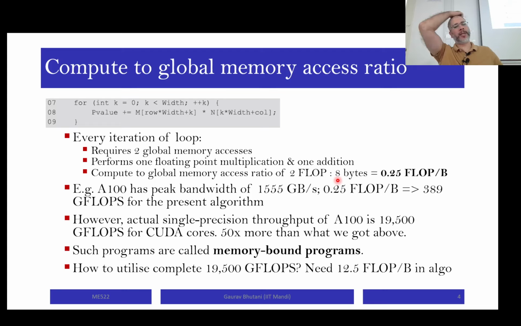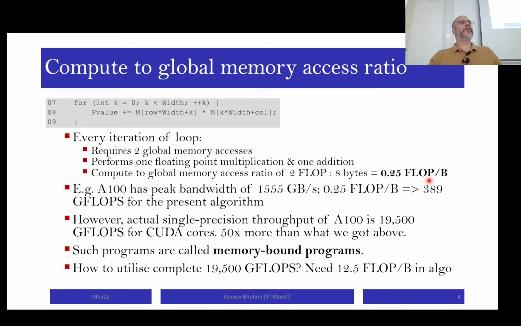In this case we are using single precision. So float is a single precision 4 byte real number in C++. So that is 4 bytes plus 4 bytes, that is 8 bytes. So this is two floating point operations per 8 bytes of memory moved. So that is 0.25 floating point operations per byte, a flop per byte.